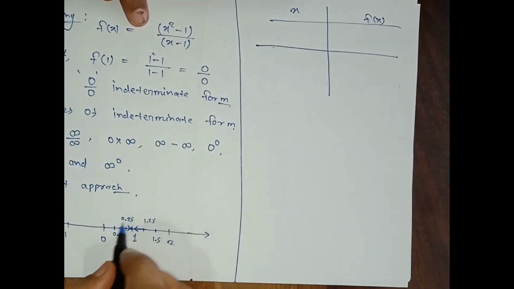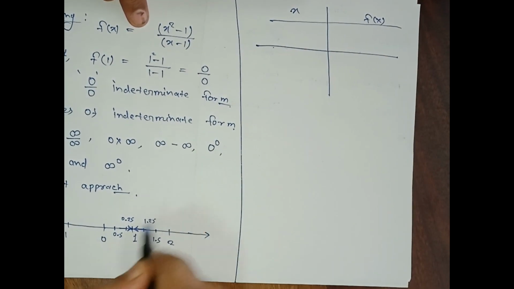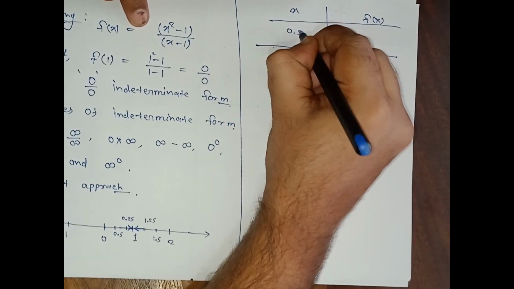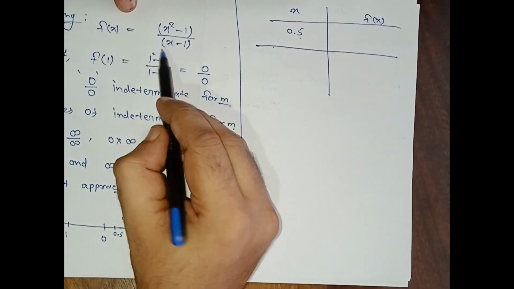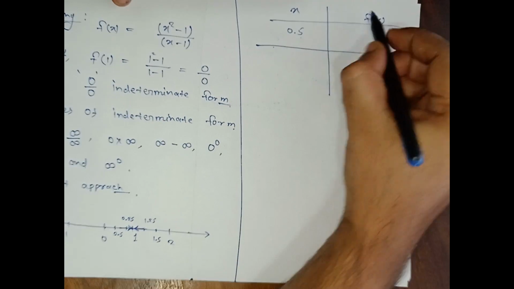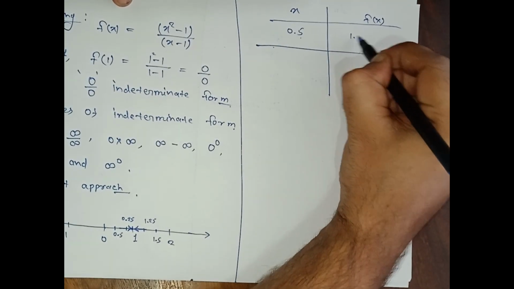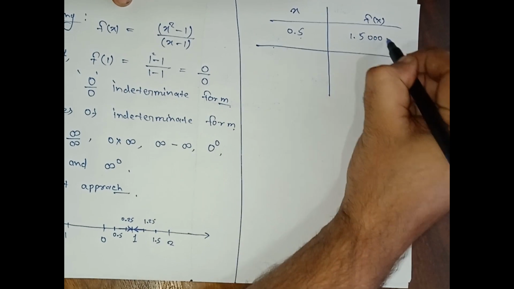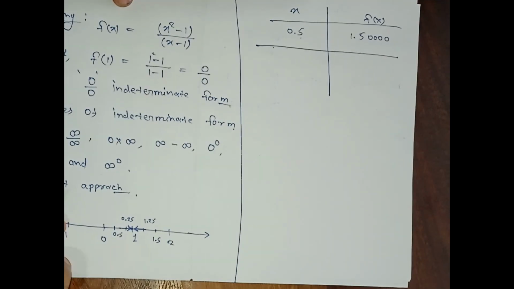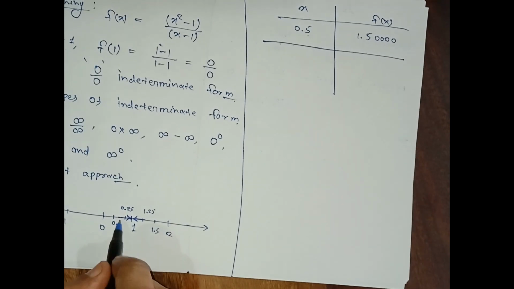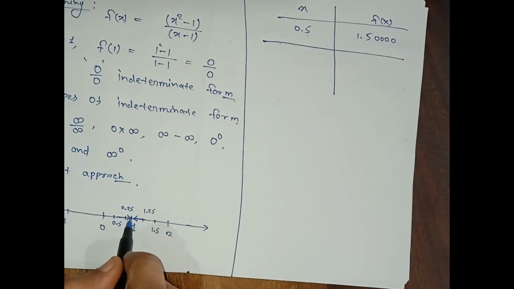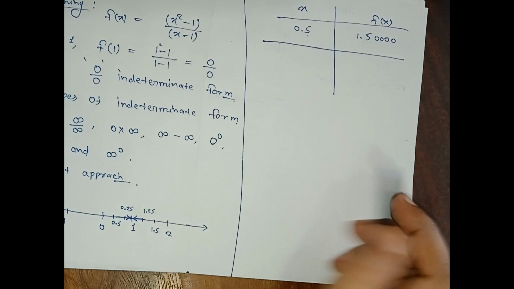Suppose you put a value x equal to 0.5. When you substitute 0.5 in f(x), you will get 1.5000. Okay, and now at first we are going from left to 1. Okay, 0.5.